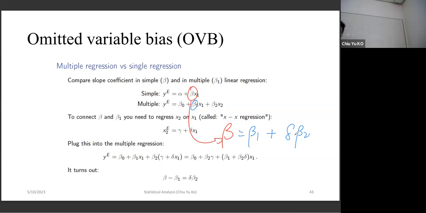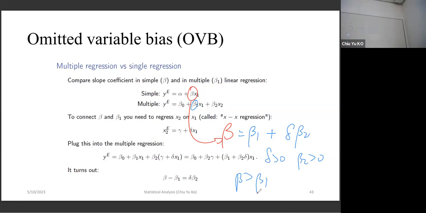Why? Because when you run the regression, some of the effect of x2 is absorbed into x1. So that's why it's bigger.